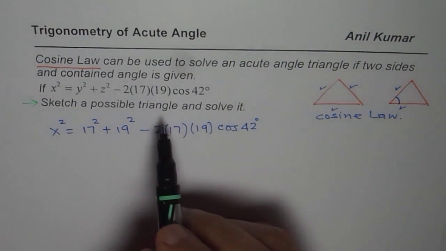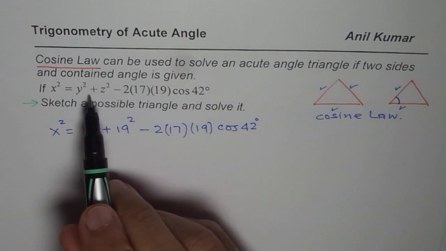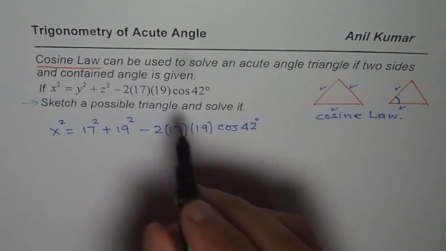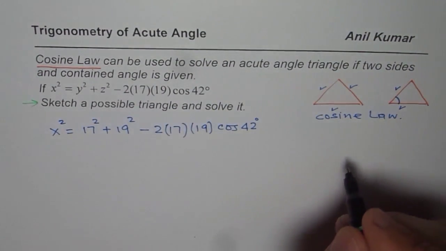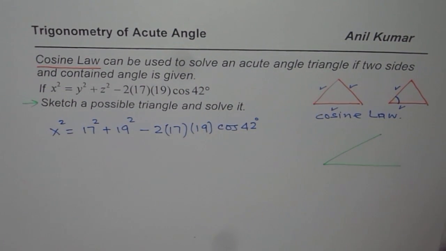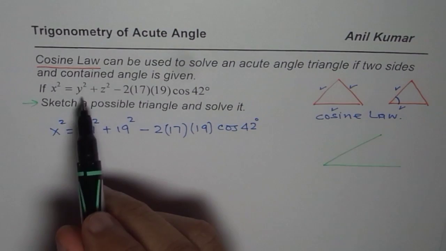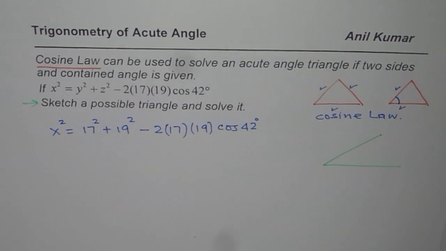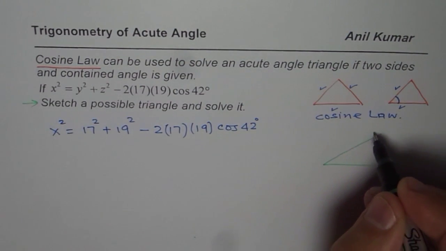Okay, now the question, which I really wanted to emphasize on, is sketch a possible triangle and solve it. So let us sketch first. We are given two sides, and the angle between them is 42. So let us say this is one side and that is the other side. And these two sides are 17 and 19. Let's just draw it.